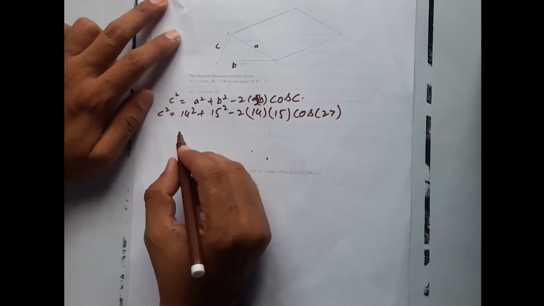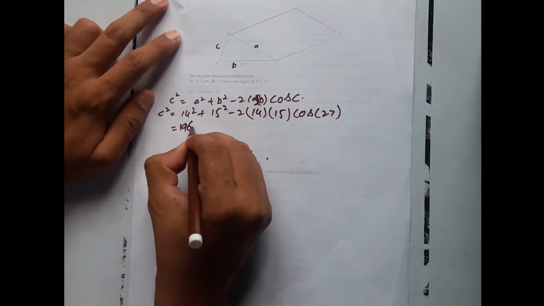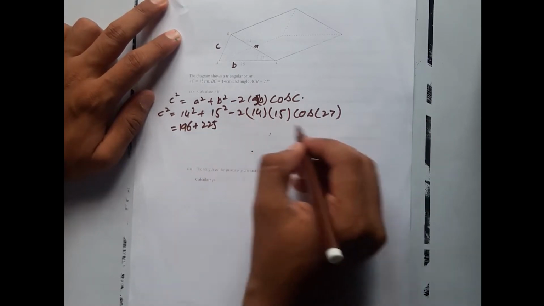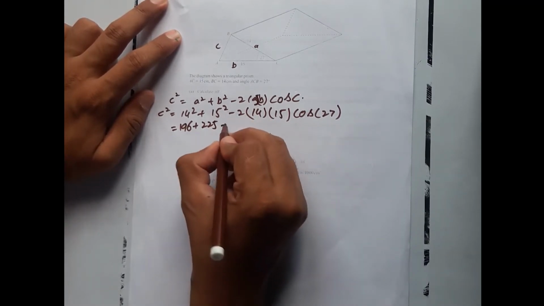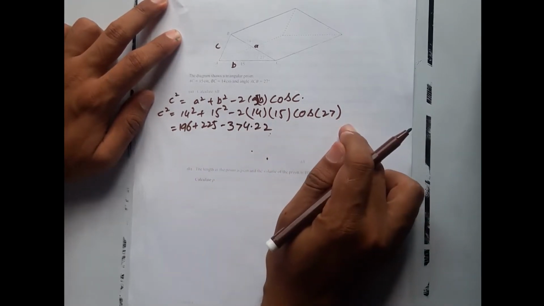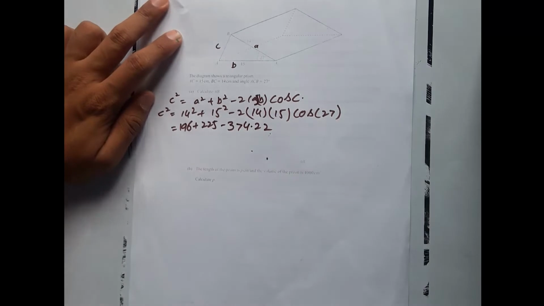Now this is equal to 196 plus 225, and when we multiply and simplify, this will become minus 374.22 after using cos 27.